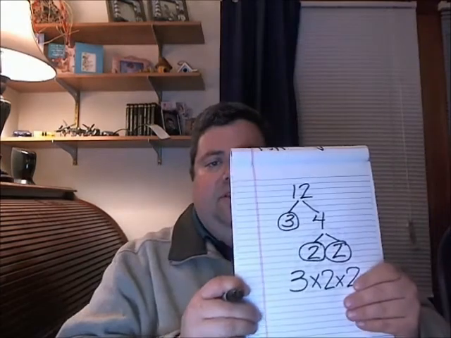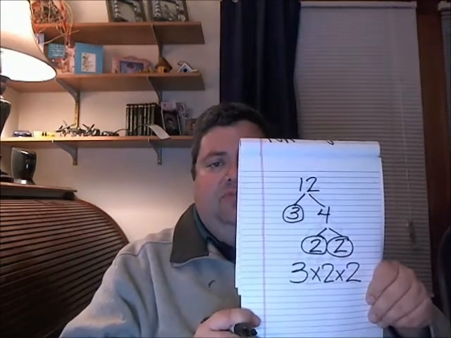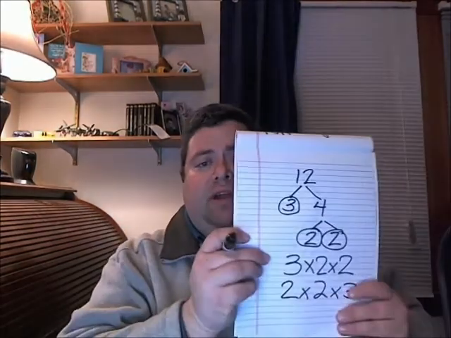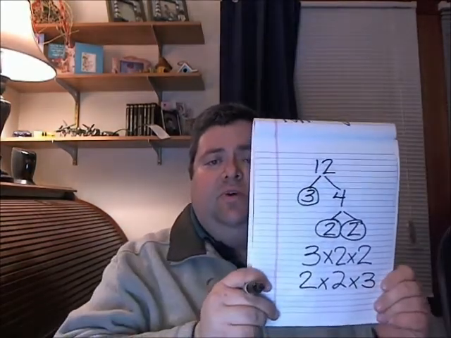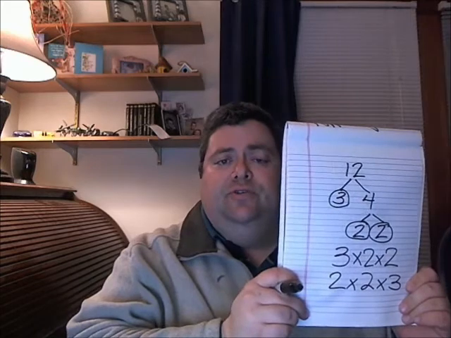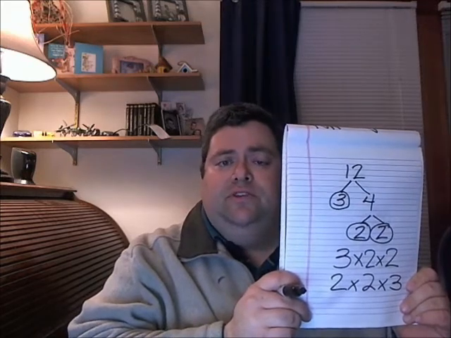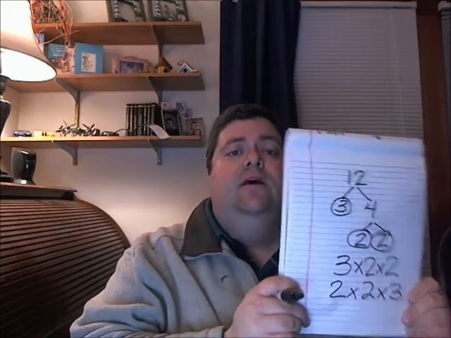For example, in this case, 3 times 2 times 2, or preferably even 2 times 2 times 3 to keep things in a nice order. Now you'll notice there are two 2's, and this is where using exponents comes in handy. Two 2's is really to be displayed as 2 to the 2nd power times 3.